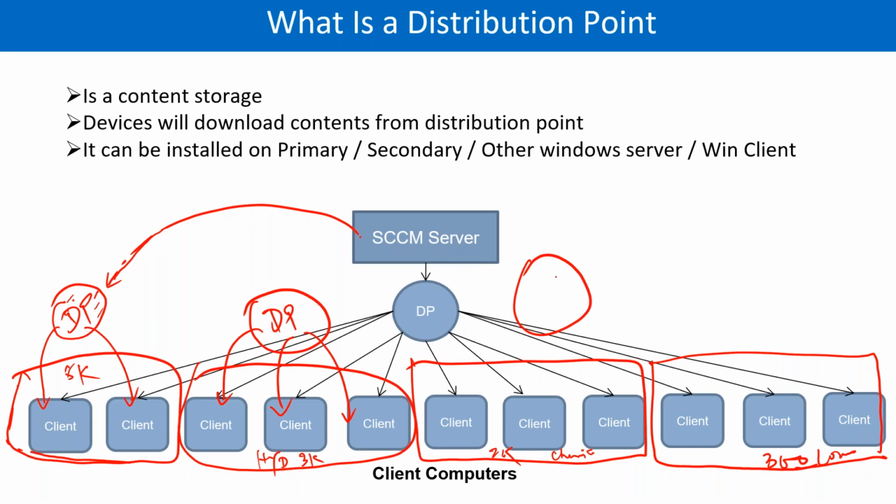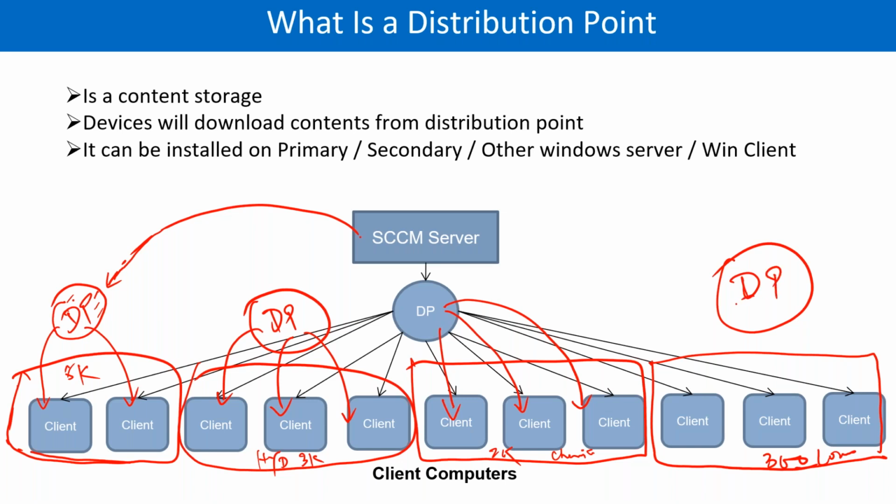You will have DP for Chennai, so the Chennai computers will download from Chennai DP. Then you will have DP in London. The computers in London will download the content from London DP. So from the SCCM server, you will dump the content to the distribution point, and the client will be taking the content from the local distribution point.